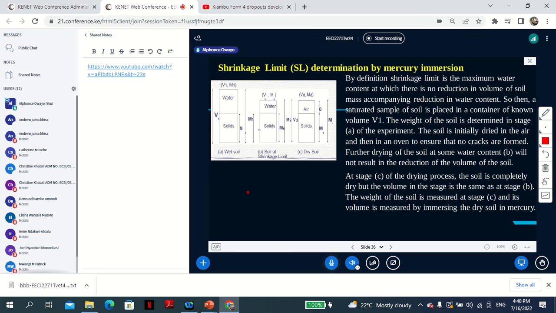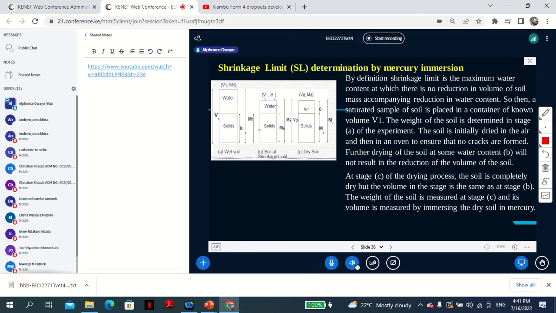But you have to identify that transition very keenly, because the oven drying rate is very high. Otherwise, when you take it into the oven, the drying rate is going to increase and there will be cracks, but you don't want that.